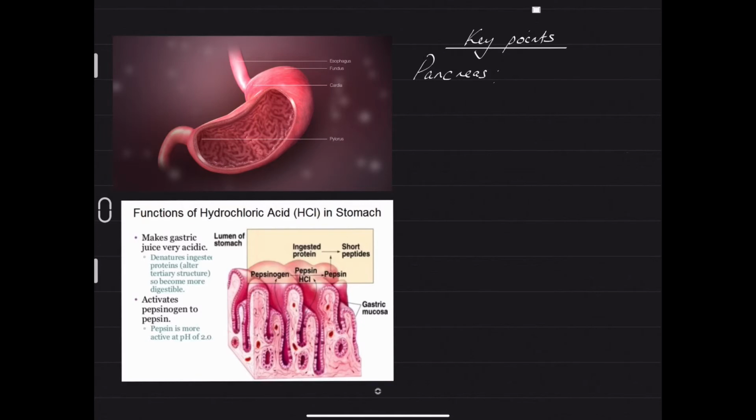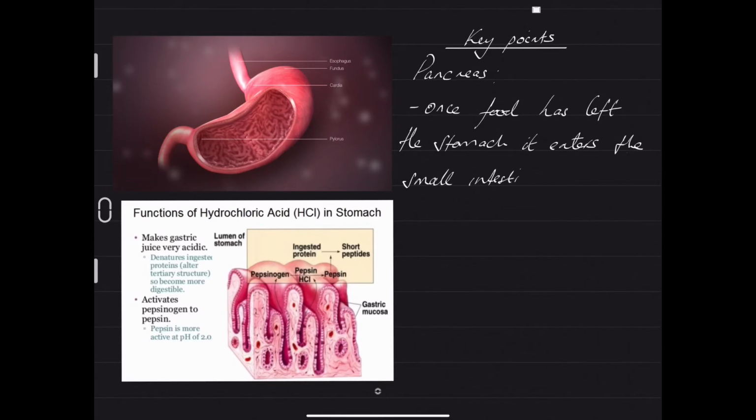So can we just note this down: once food has left the stomach, it enters the small intestine. Now I'm reinforcing the pathway of digestion because you will need to know that for your exam. So once it has left the stomach, the food enters the small intestine.